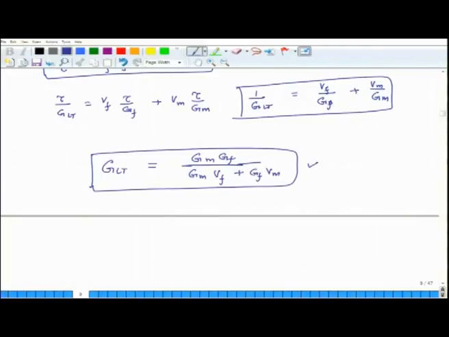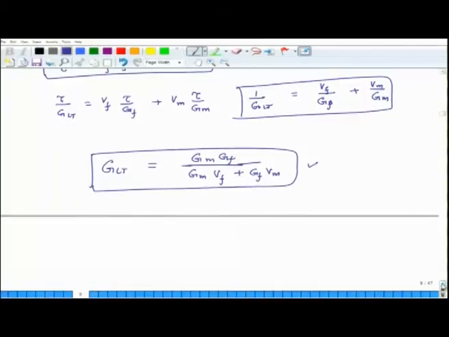The same is found to be true for GLT also. The predicted value of GLT comes out much less than the experimentally measured value of GLT.